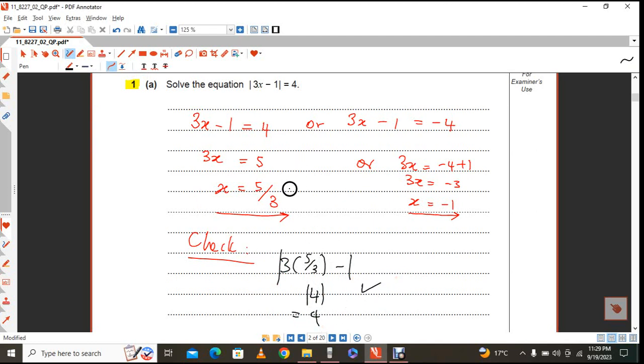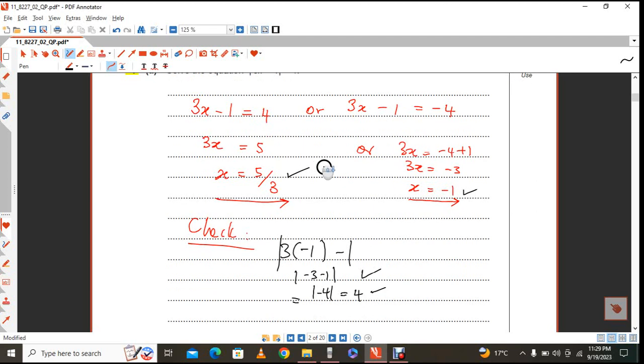So this solution checks out. Then you replace it with negative 1, so that gives you negative 3 minus 1, which is negative 4, and the absolute value of that is 4. So this solution also checks out.